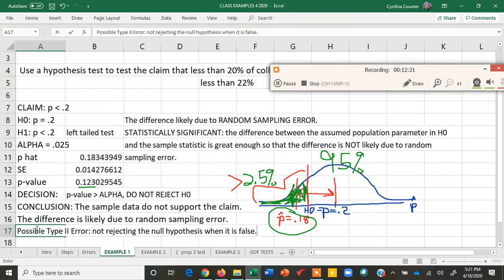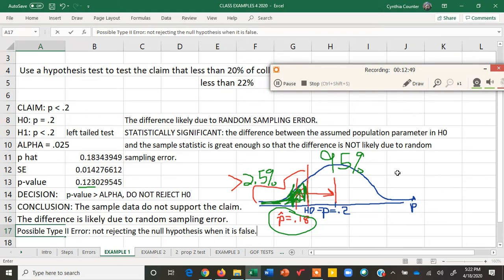Okay, so a possible type 2 error here because we did not reject the null hypothesis, because we got a sample statistic that would be in the middle 95% of a sampling distribution with a mean equal to 0.2 and a standard error of 0.01427. All right, so not statistically significant here.